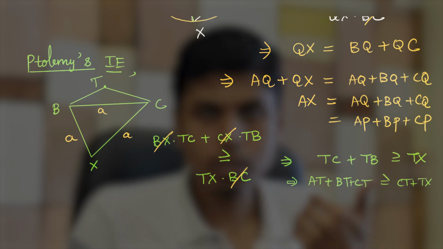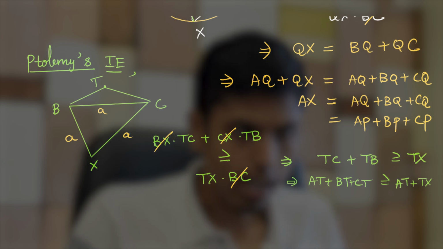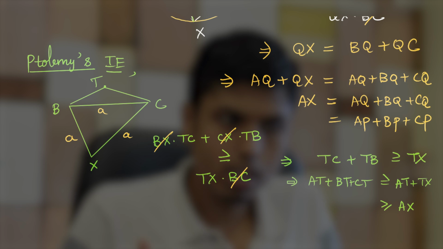And again, AT plus TX is greater than or equal to AX. And now I want the sum of distances from T to A, B, C to be minimized. Thus, we should have the two inequalities turn to equality.